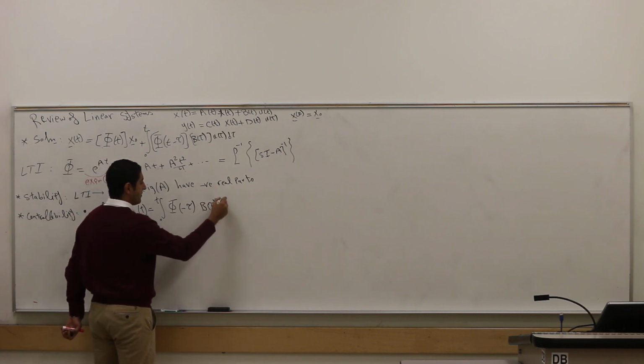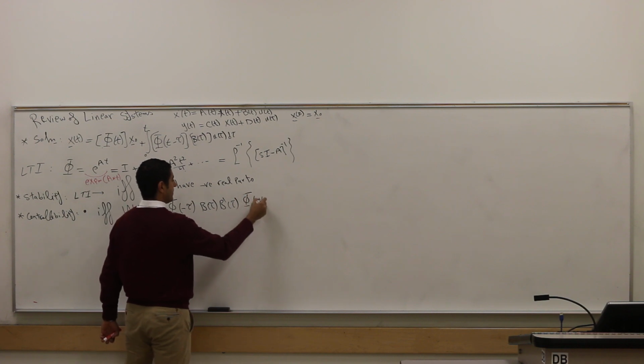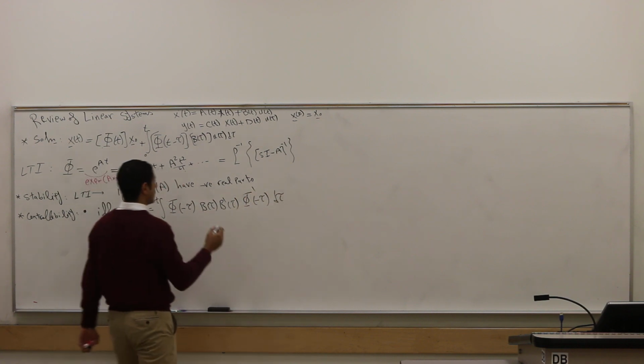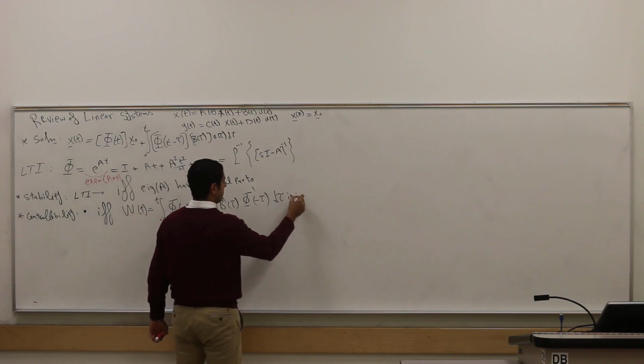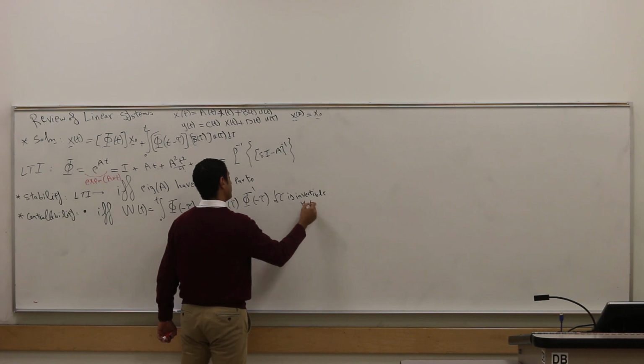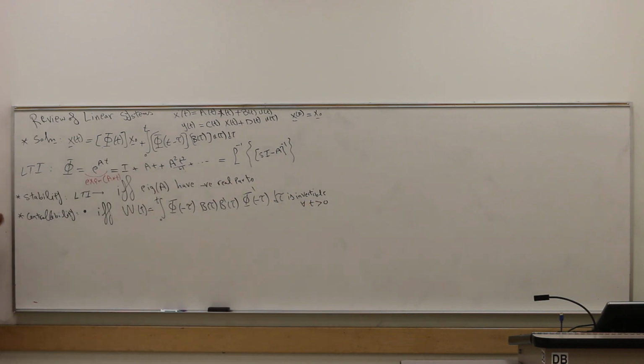This is for even time varying systems. And if this guy is invertible for all t, then the system is controllable.